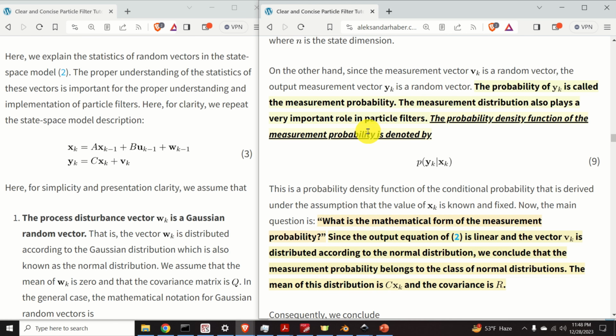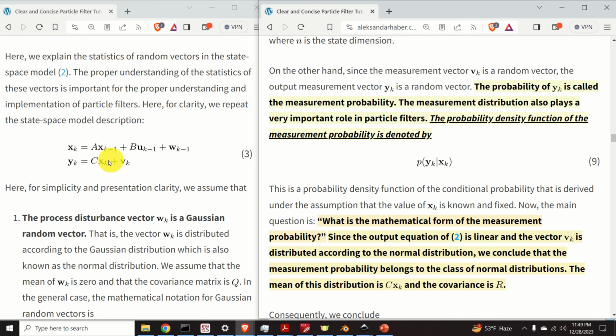The probability density function of the measurement probability is denoted like this. This is a probability density function of the conditional probability that's derived under the assumption that the value of xk is known and fixed. Now, the main question is, what is the mathematical form of the measurement probability?